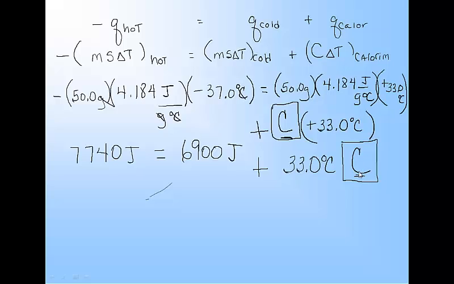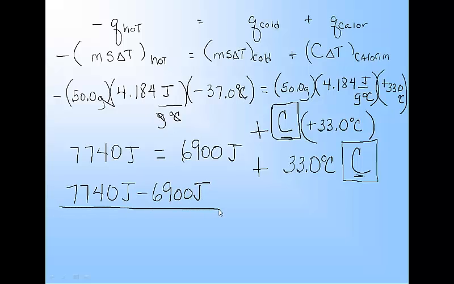Here's my unknown, okay? Just algebra. Obviously, 7740 joules minus 6,900 joules over 33.0 degrees Celsius will be equal to the calorimeter constant.